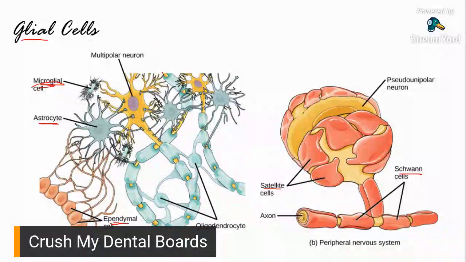This picture on your left would be a typical example of a neuron found in your central nervous system. Okay. The one on the right is an example of a neuron that you can see in your peripheral nervous system. Okay. So let's talk about these different supporting cells.